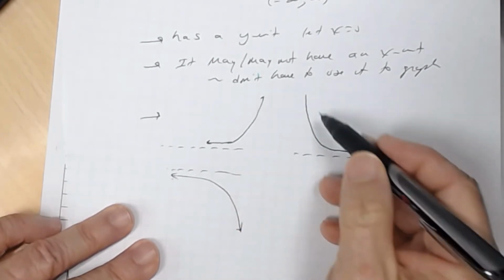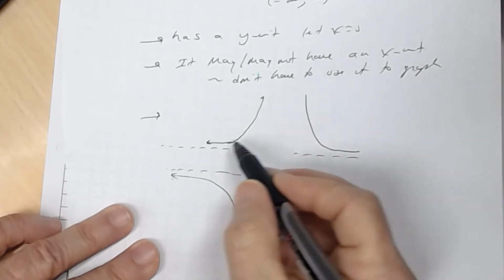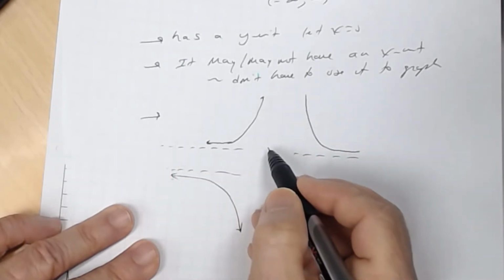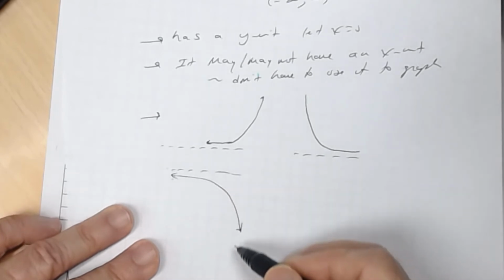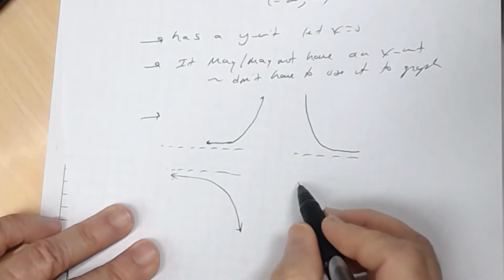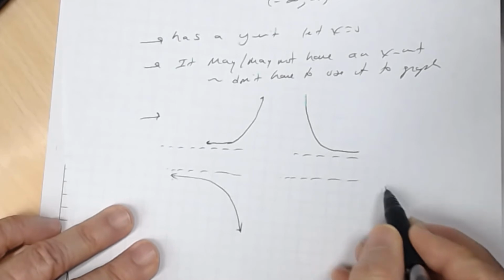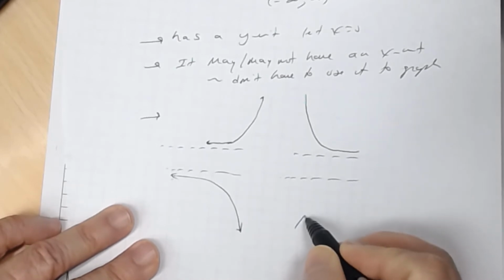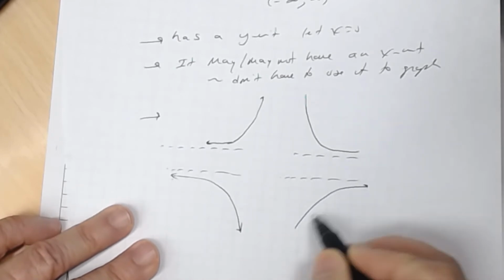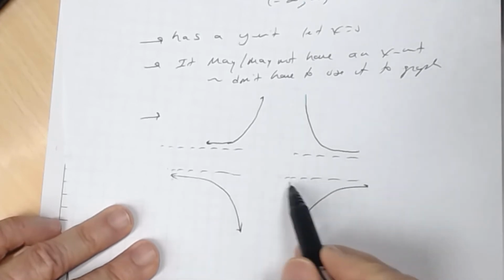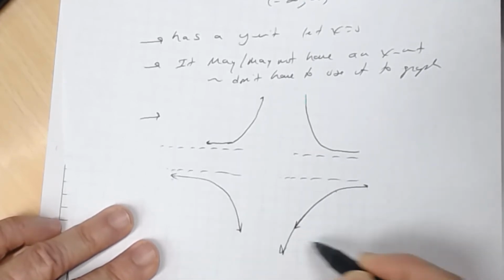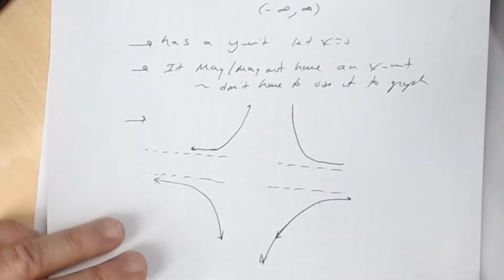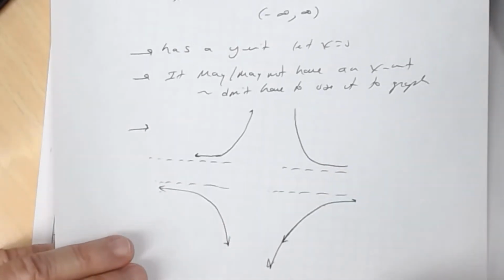It rises rapidly as you go to infinity in this case, negative infinity in this case. Here as you go to infinity, your graph falls rapidly. Or it could do this. So as it goes to negative infinity, it falls rapidly. Okay, all right. So those are the scenarios you're going to see.